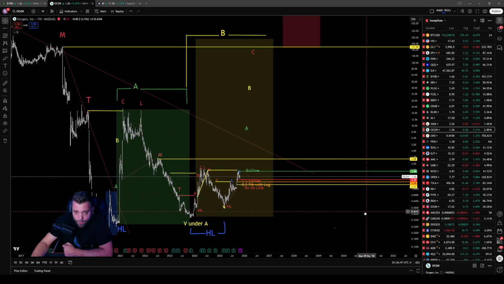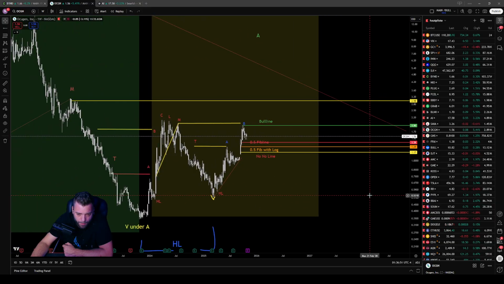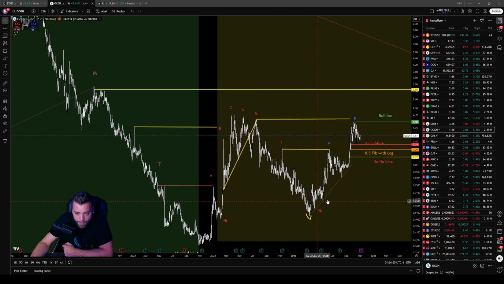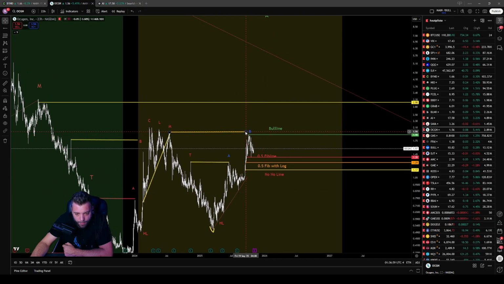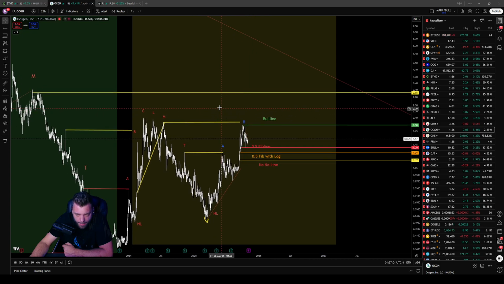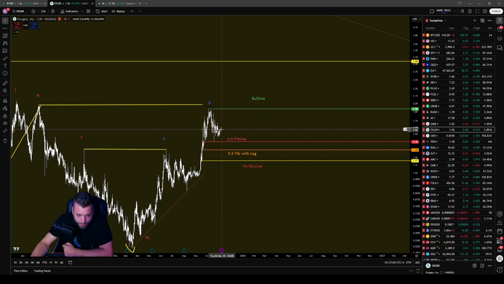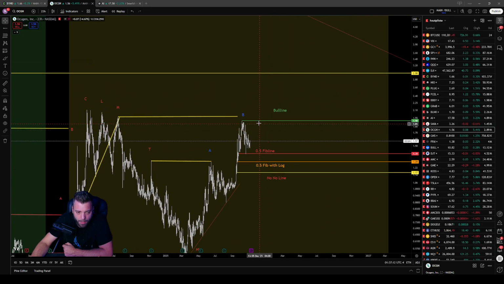And right now we would go to our little A. For the micro tracking, we already did our little A, and our little B. In my opinion, the B pullback is also finished. We perfectly hit the fib line, so we should go up. Everything over 191 is bullish.